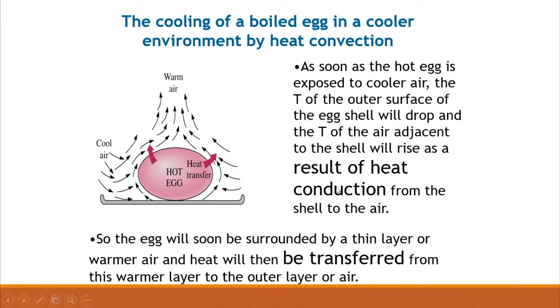This means that initially the egg is very hot, and due to the cold air surrounding it, heat transfers from the inside of the egg to the surroundings until the temperature of the egg is the same as the temperature of the air surrounding it.